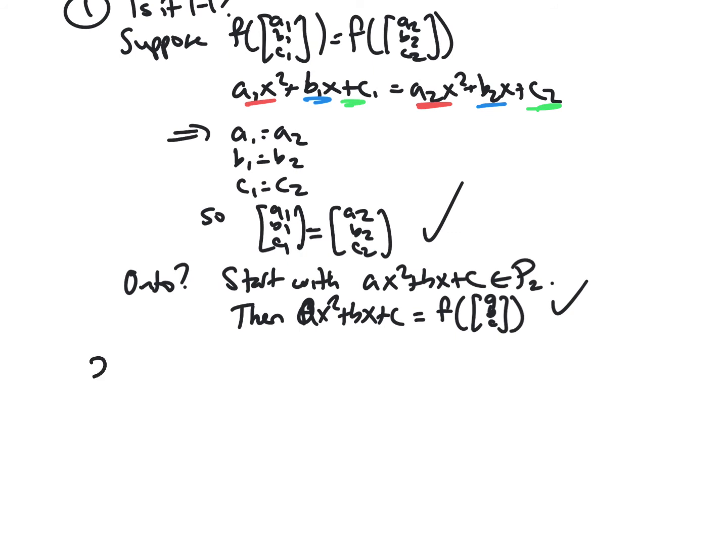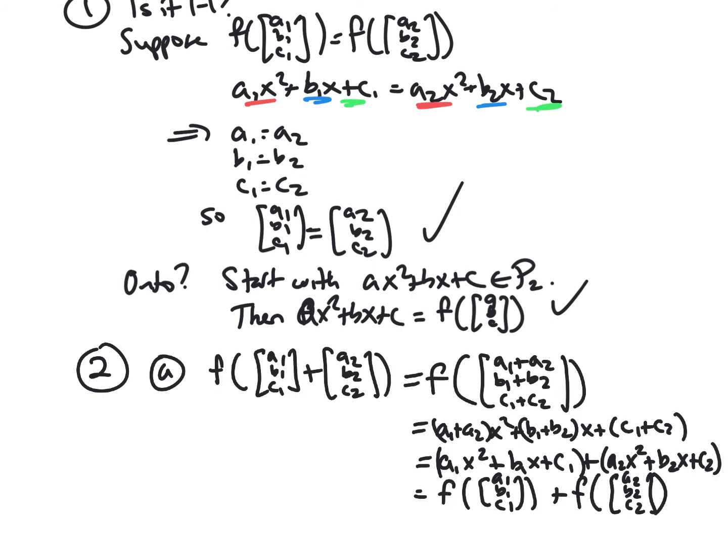So then what does this preservation of structure look like? So you would just let, again, two things be in there. So we'll do the same a1, b1, c1, a2, b2, c2. Then it looks like this. Right, so we start by taking f of the sum. Well, this is what it means to do the sum, and then actually apply f.